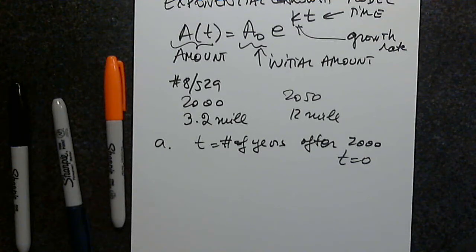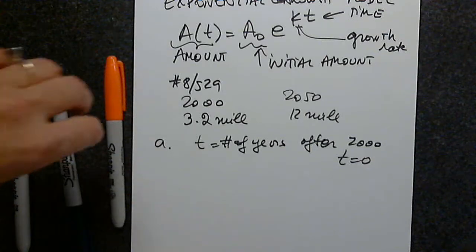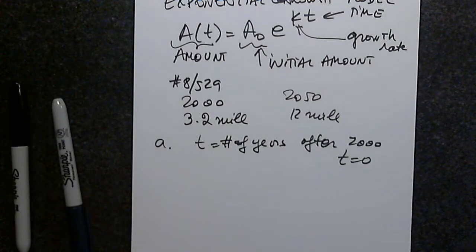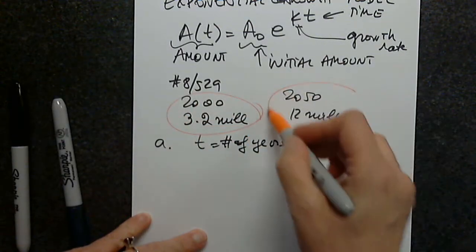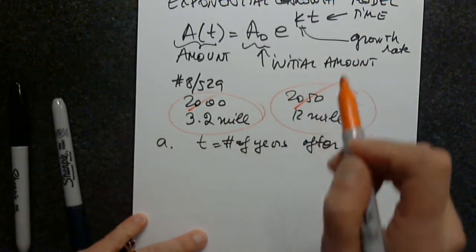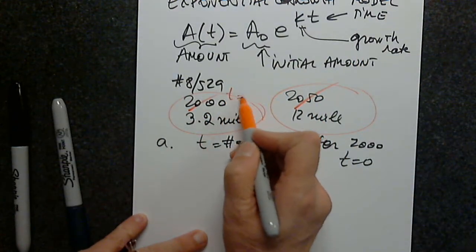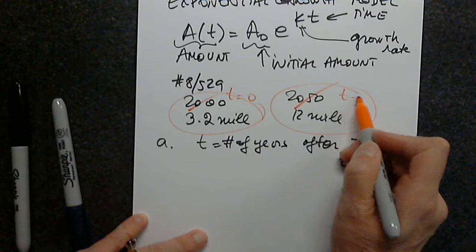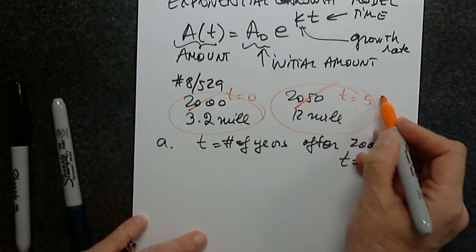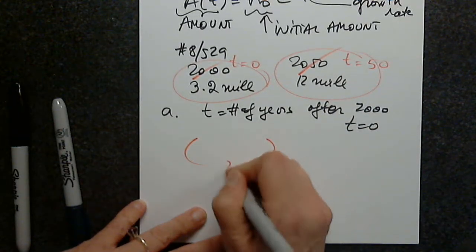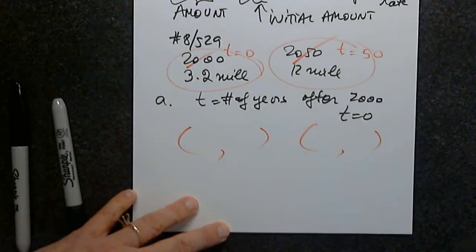So I look at the information I'm given. 2000, 3.2, and 2050, 12. What am I given in this problem? Yes, points. I'm given 2 points, but I cannot use these years directly. I know that this is t equals 0, and then this must be t equals 50. So can anyone give us one more time the ordered pairs?